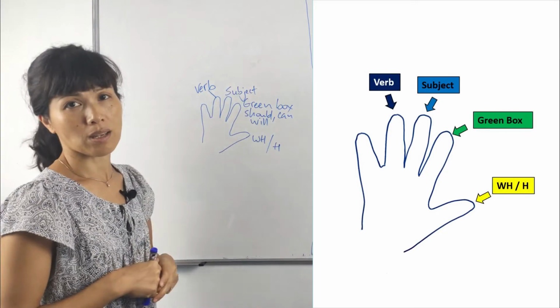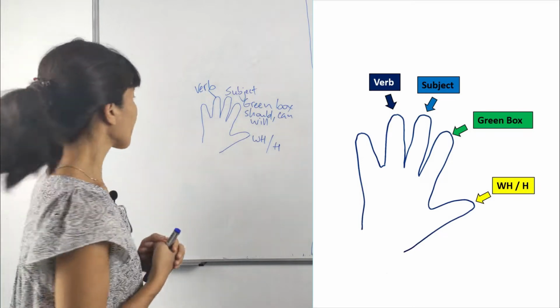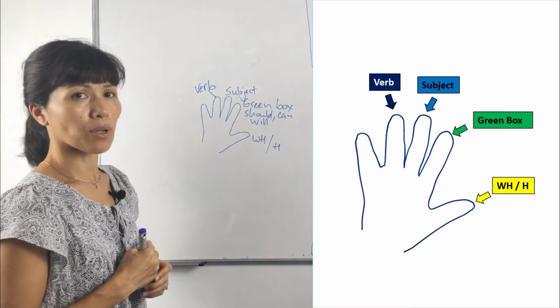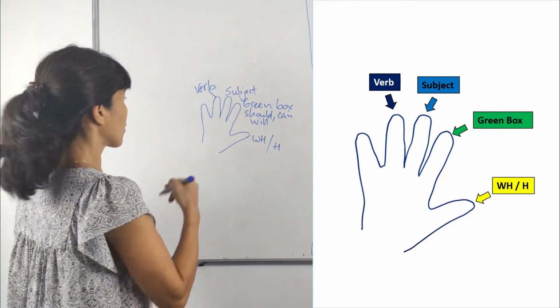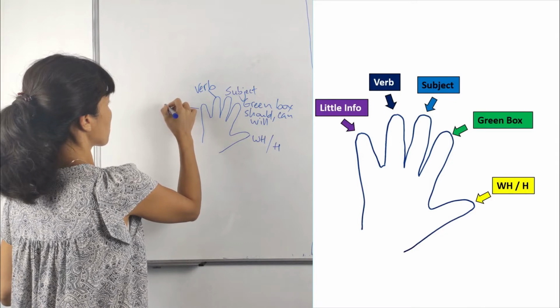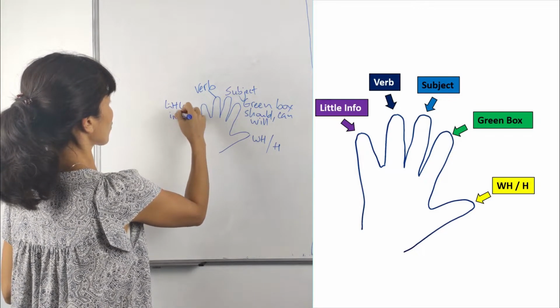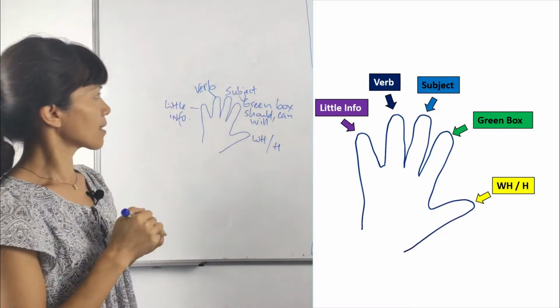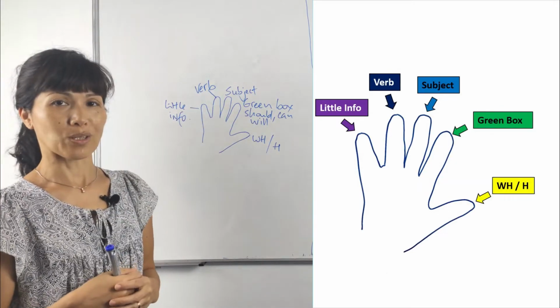So the verb is do, make, go, see, etc. And finally, we have the little finger for little information. So little finger for extra information. So little, let's go for little information. Yes. Right? So this is for open questions.